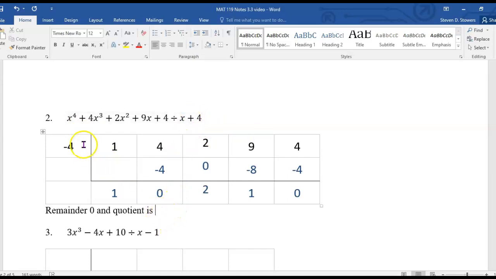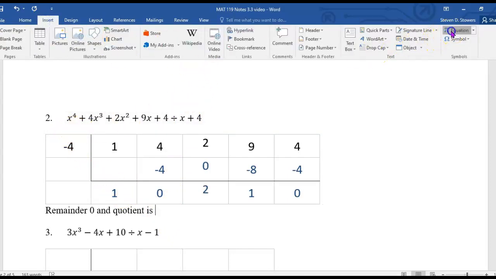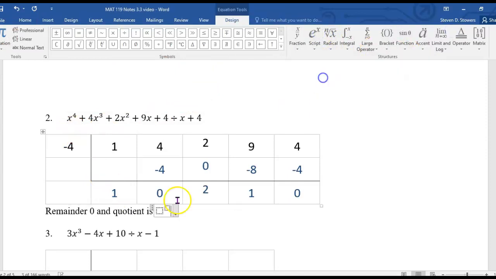So the quotient is a degree 3 polynomial. It's going to start with an x to the 3rd power term. So it's going to be 1x to the 3rd plus 0x squared plus 2x plus 1.